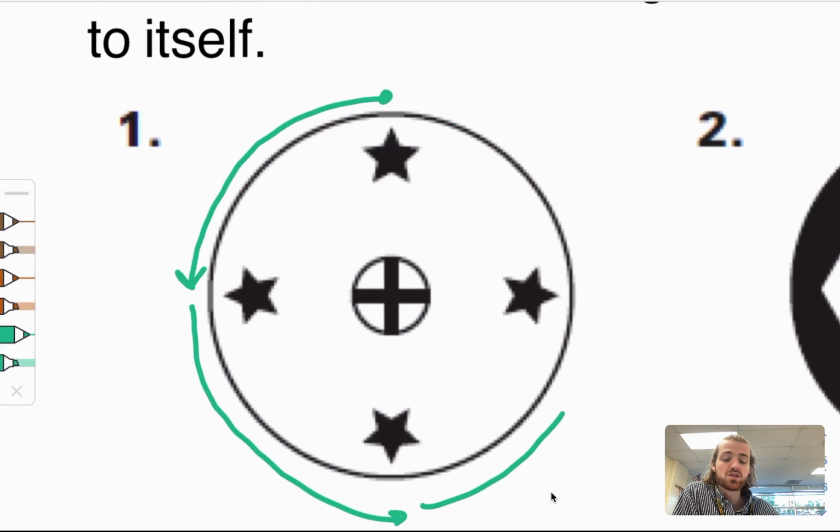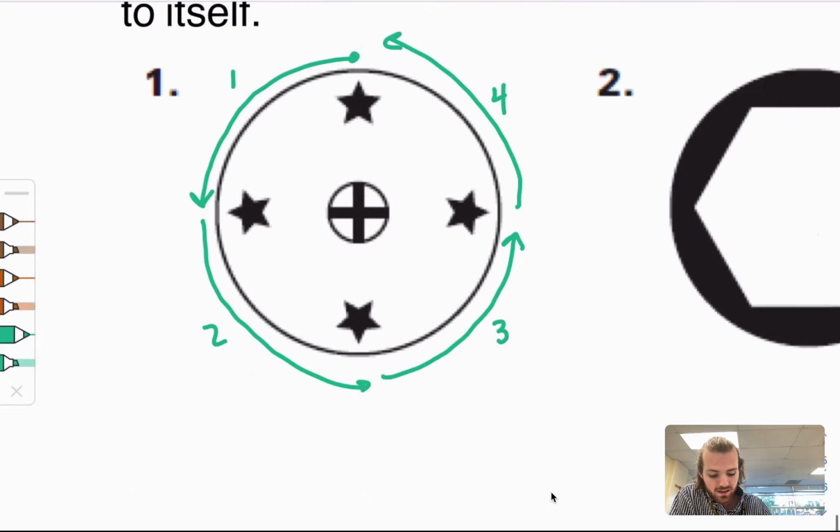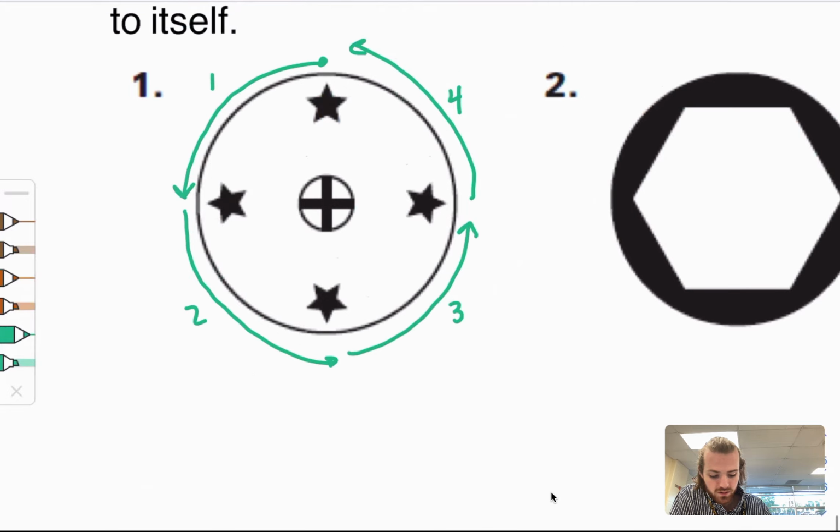Each one of those spins would end up with that same picture. So see how I have 4 spins in a full circle, right? I could spin it 1, 2, 3, or 4 times. So what we do is we take 360 divided by 4. Well, with my calculator in hand, 360 divided by 4, we figure out that we have 90-degree rotational symmetry.